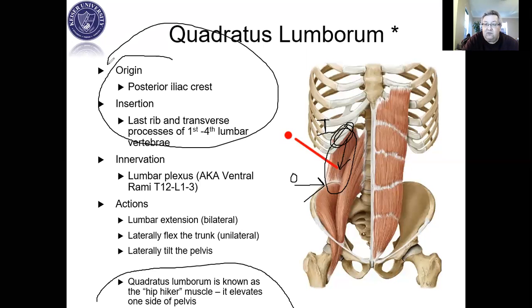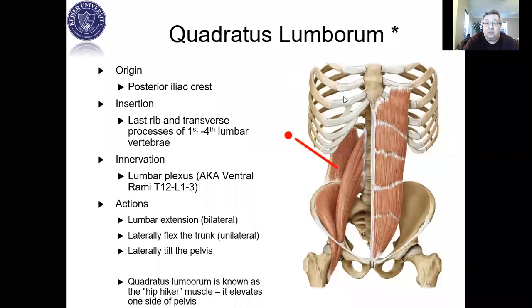Again, this muscle is very, very important in the aspect of gait, because it's used to perform compensations when a patient is having difficulty with weakness in their hip muscles. So again, the Quadratus Lumborum, the body's hip hiker muscle, because it elevates the pelvis on one side of the body.